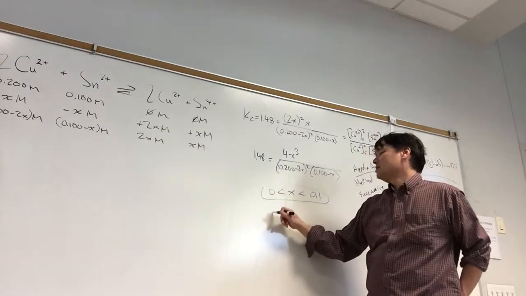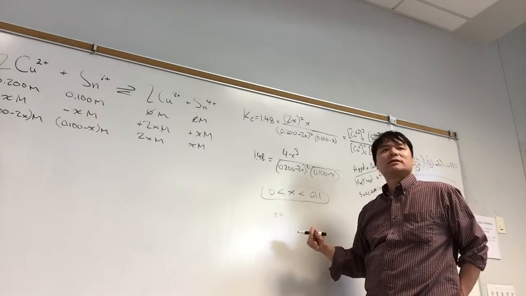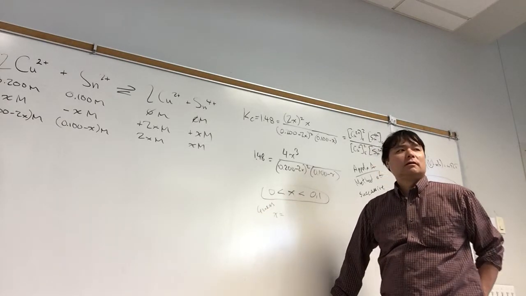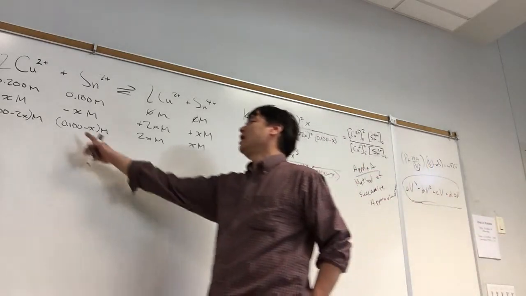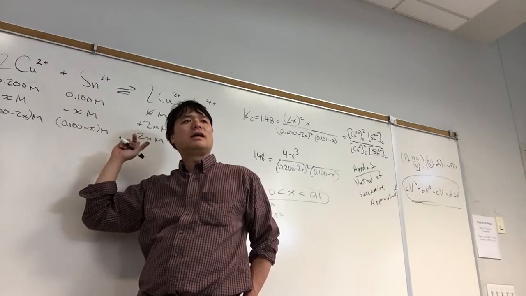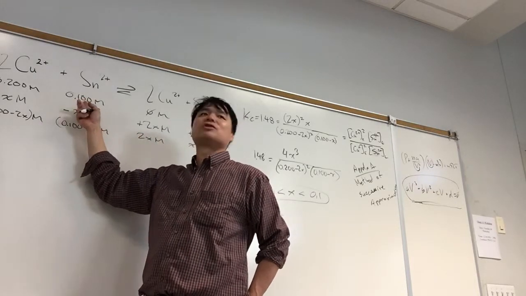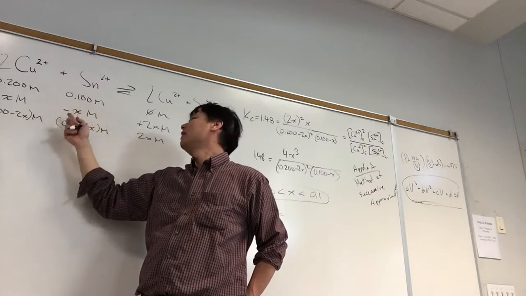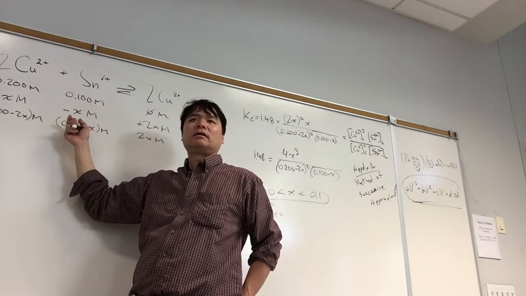I would guess my first X, well, if I have 100 and I want a 50-50 at the end, then how much of this should I react? Half of it. So half of it would be 0.05.